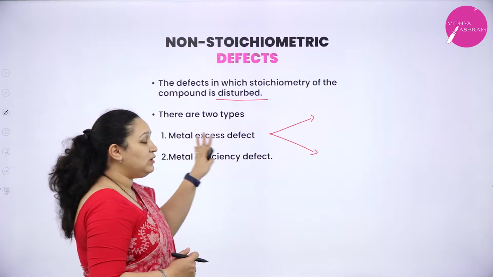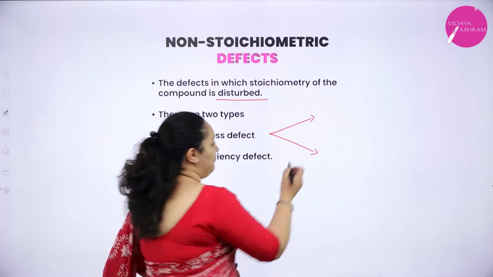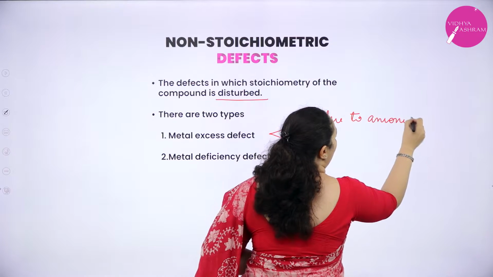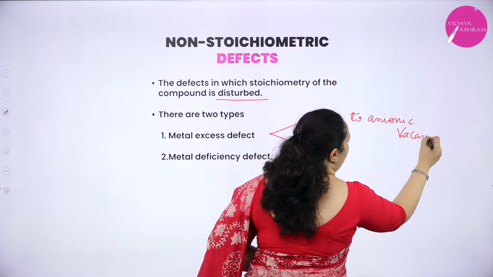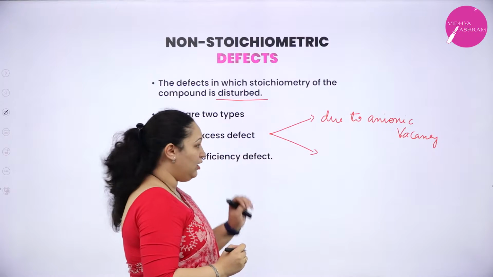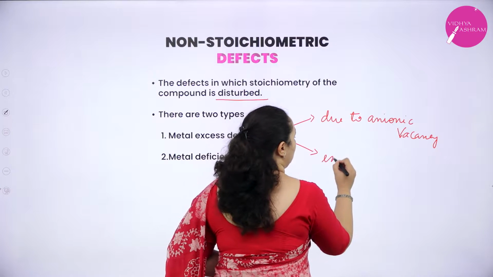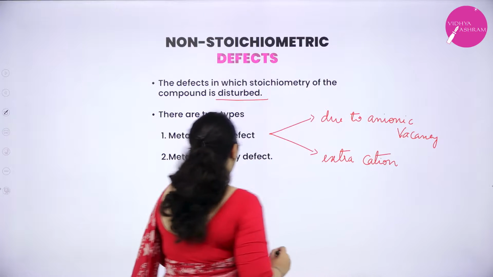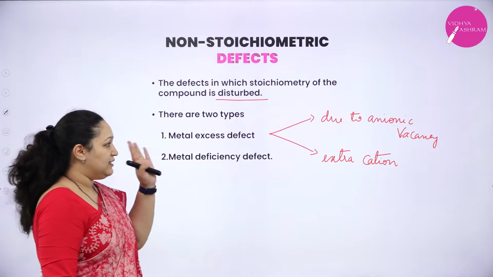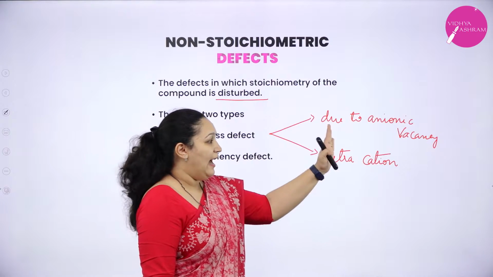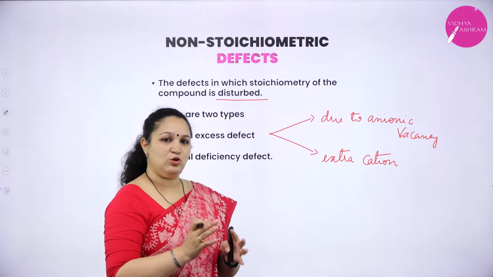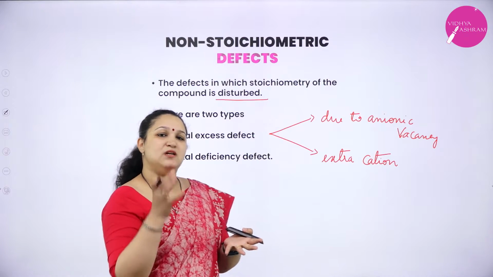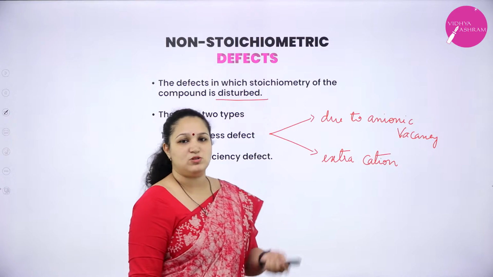So how does the metal ion become excess? It may be due to an anionic vacancy, or it may be due to extra cations. So metal excess is caused either due to anionic vacancy, the anions are missing, due to that the metal became excess, or because of extra metal ions or extra cations present.